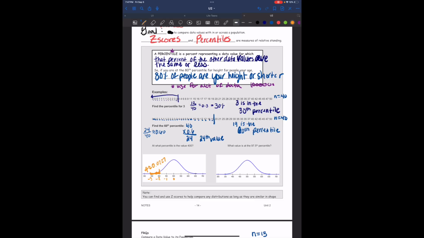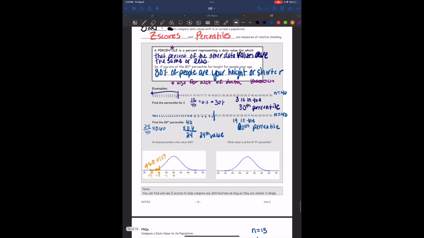So what percentile is 400? We could say the 2.27th percentile. So about 2% of the data are that data value and below.